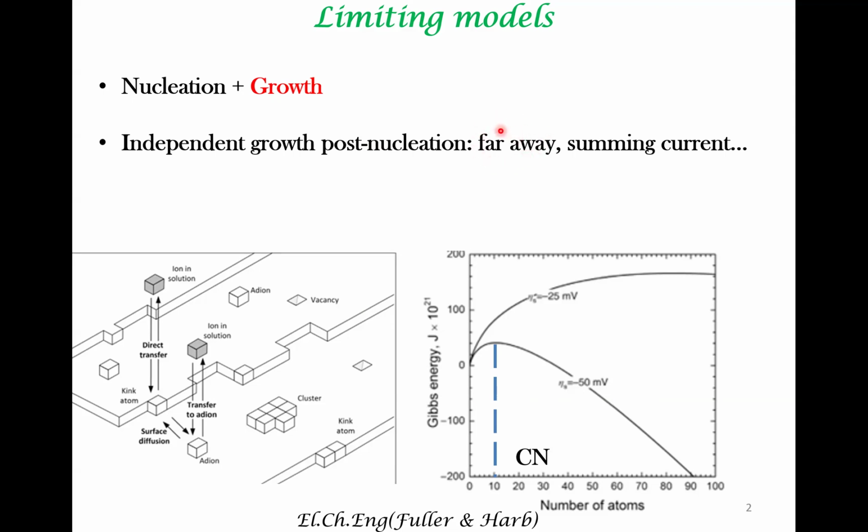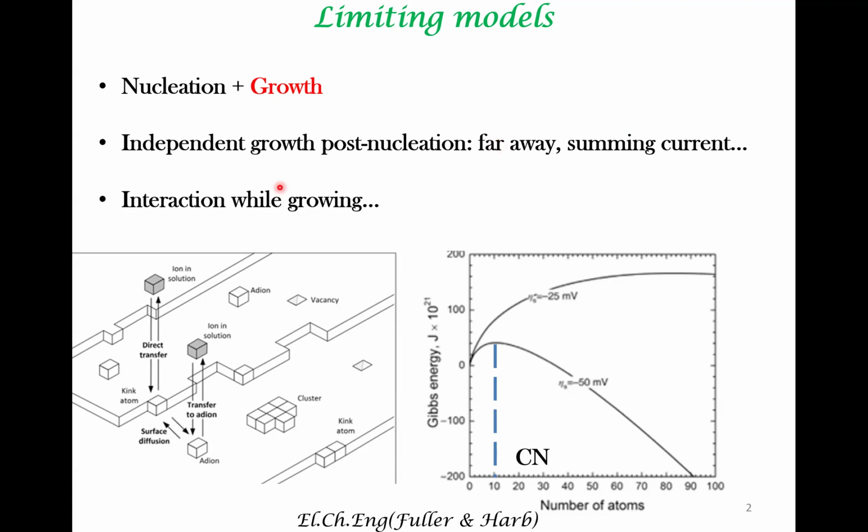So they are far from each other. And the overall current is the sum of all the currents due to individual nuclei. So that is one way of thinking about the growth phenomena. So we think in terms of limits. This is one limit, which is probably easier to model.